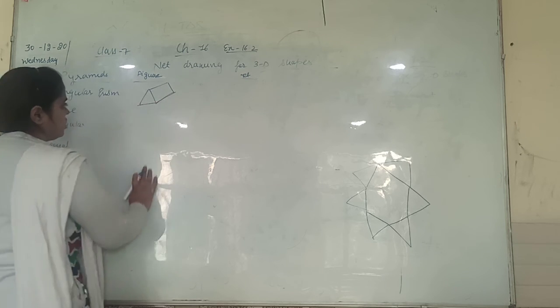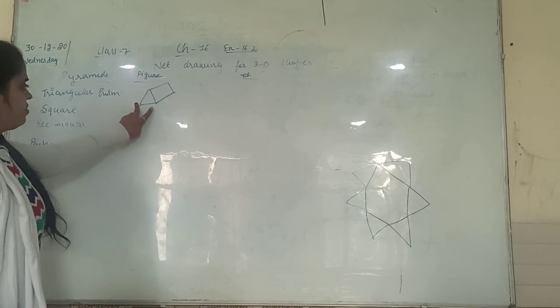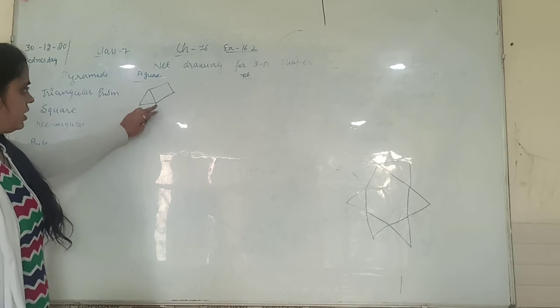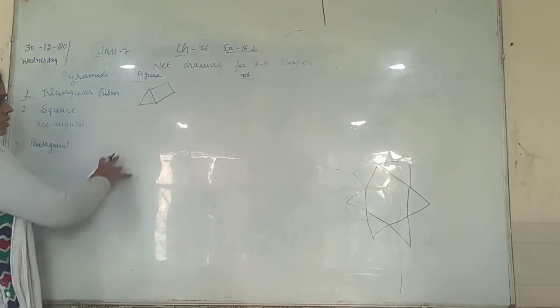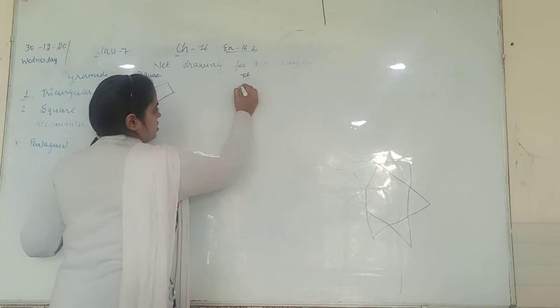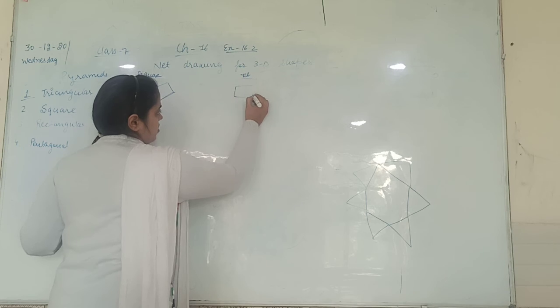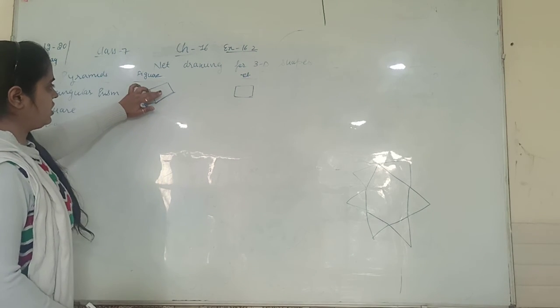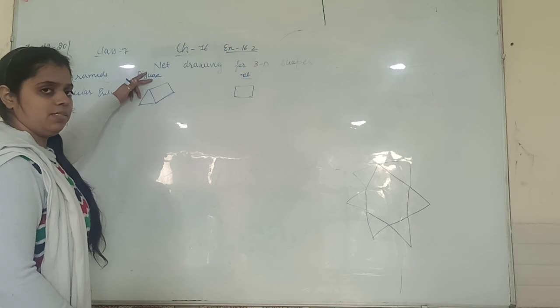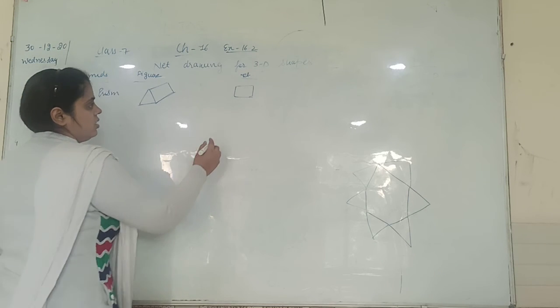Your prism is of this type, beta. In front and back there is a triangle, and this side is of rectangle type. So how we will draw? First we will draw 3 rectangles. Why? One this side, one is another side, and one is down side, right?